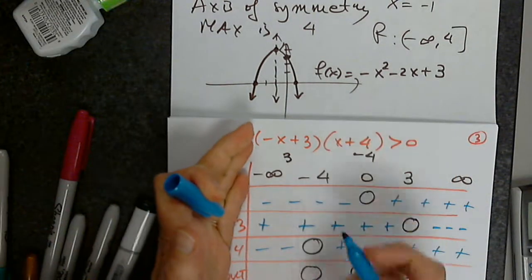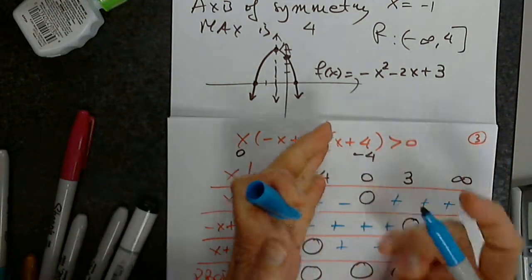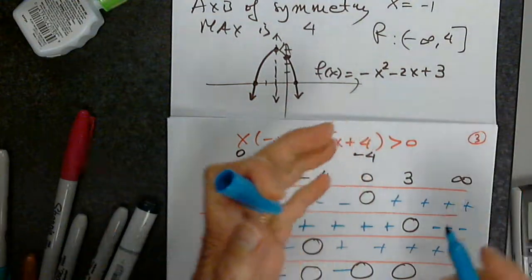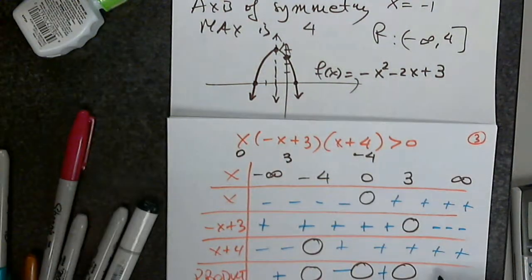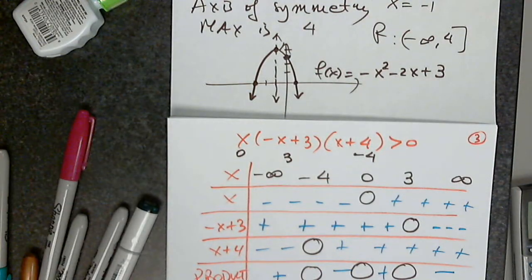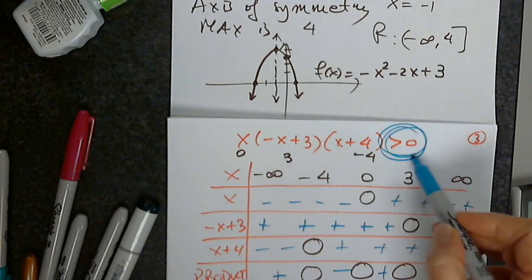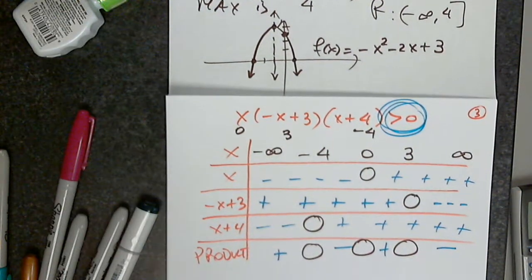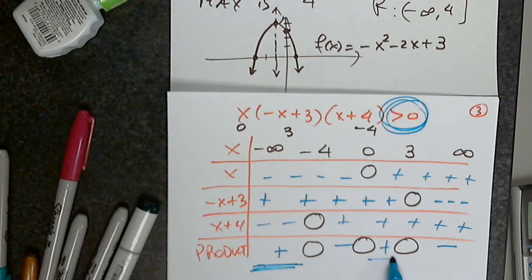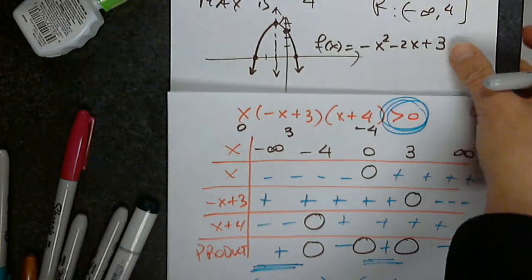On this interval, 2 negatives. On this interval, 1 negative, no negatives, and 1 negative. So we want positive. So positive is here and here, not 0. So negative infinity to -4, union 0 to 3.